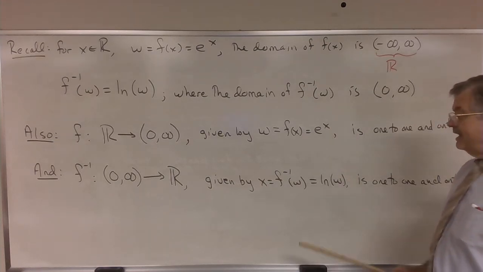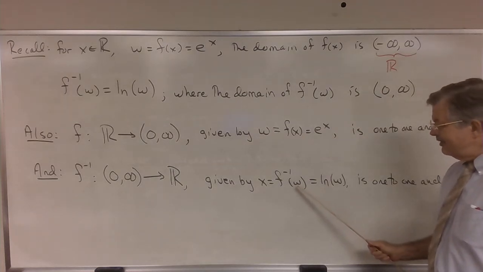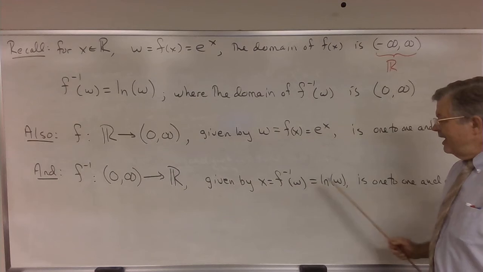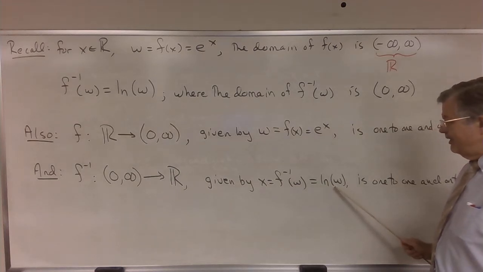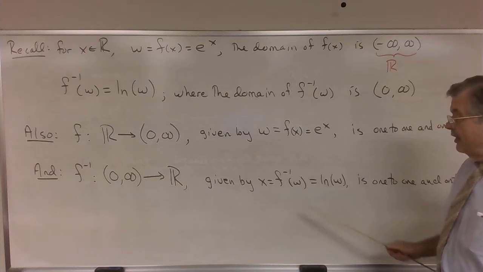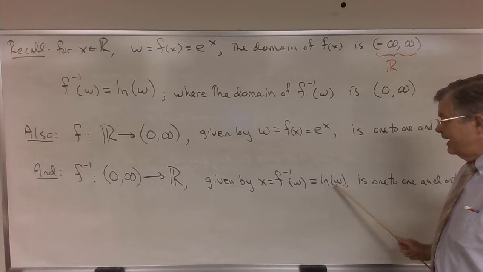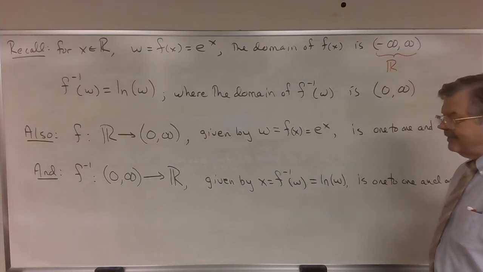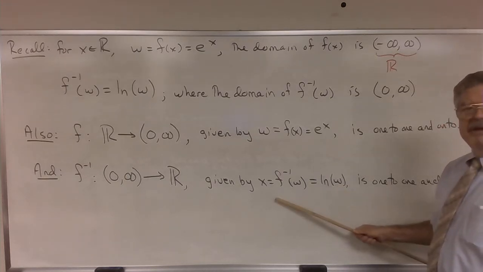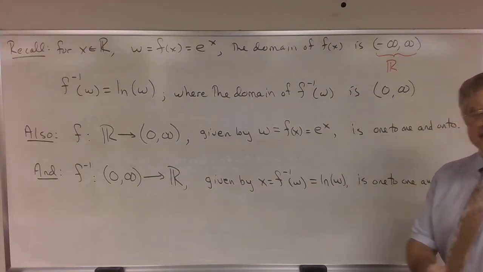And similarly here, we can't plug a single value of w in here and get more than one value over here. That's not the way a function works. So we plug one value of w into the function and we get one value out. And I say that because things are about to change.